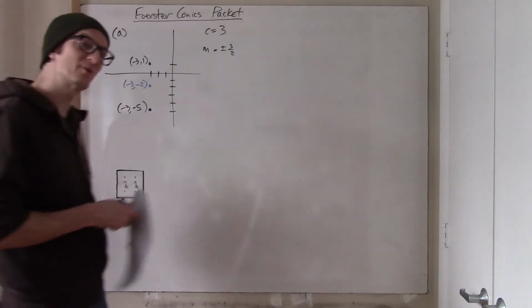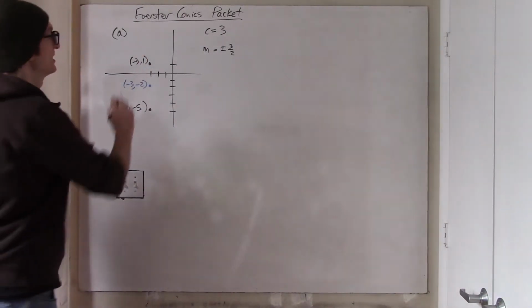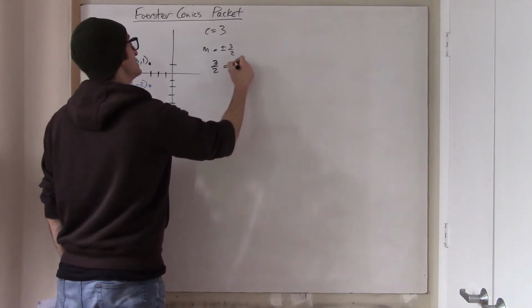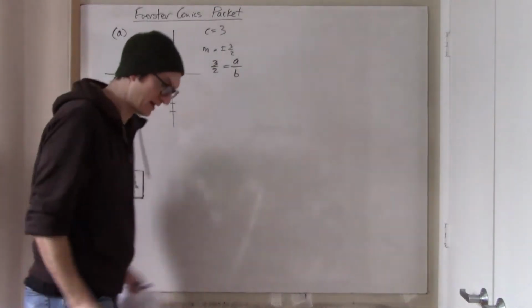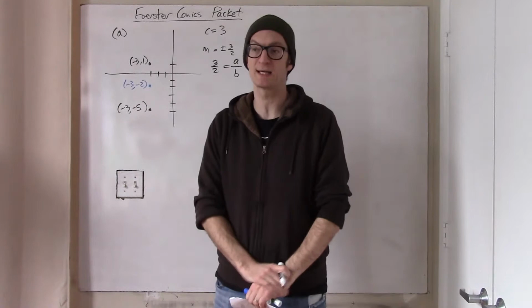What I'm really trying to say is that in a vertical hyperbola, you go up a and over b. That's really it. You have to be experienced and comfortable enough with hyperbolas, both horizontal and vertical, to realize this fact.